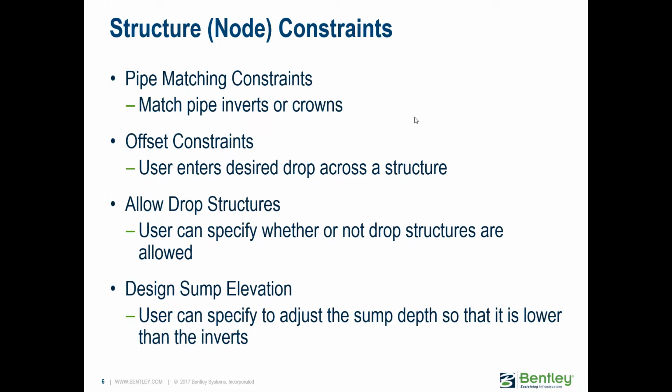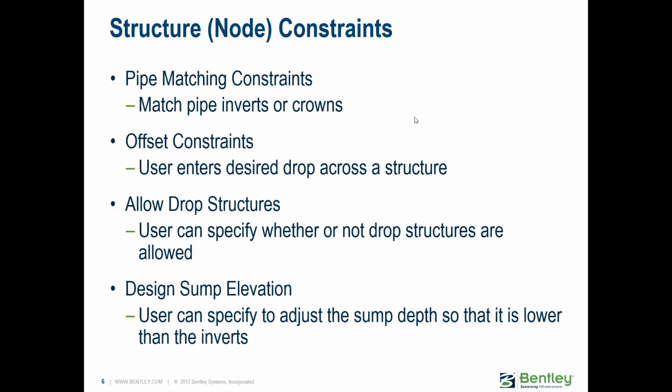What about the nodes, the structures? You can tell it how you want to match the pipes as they come to a catch basin or a manhole. Do you want the pipe inverts to match, or do you want the pipe crowns to match? Do you want to force an offset, so you always want to make sure that there's an inch drop, for example, or not.